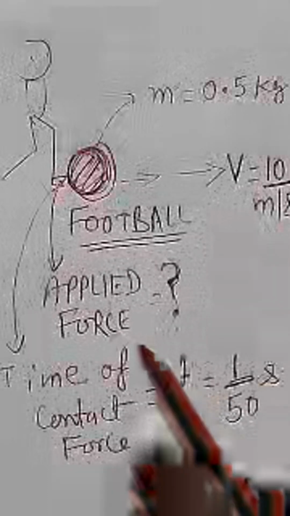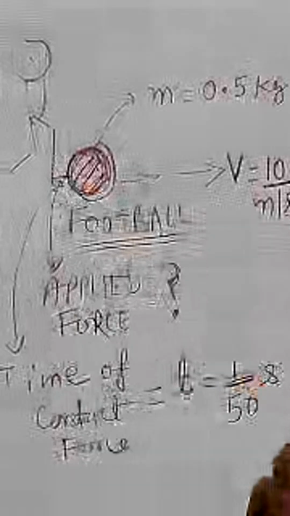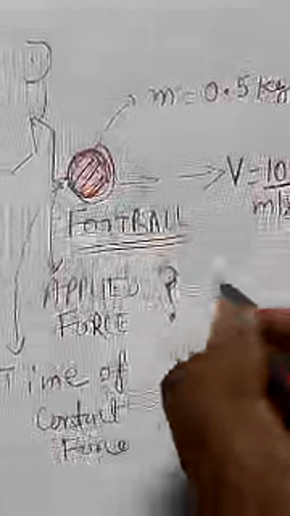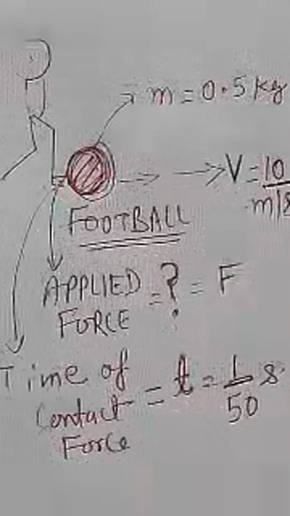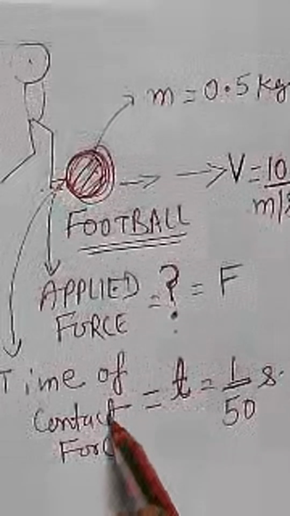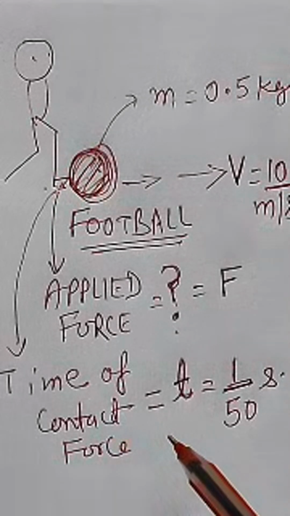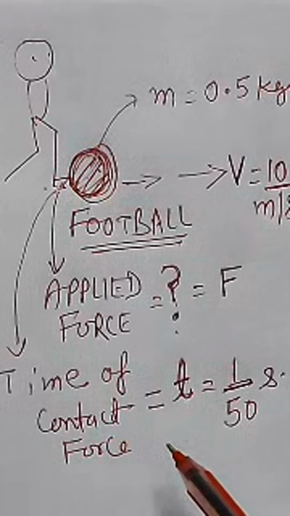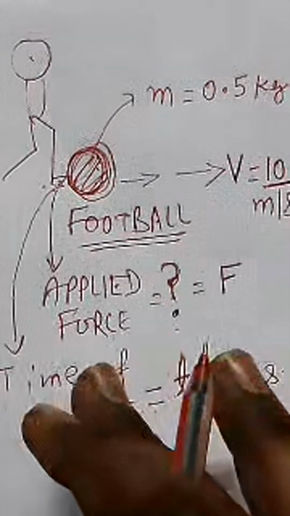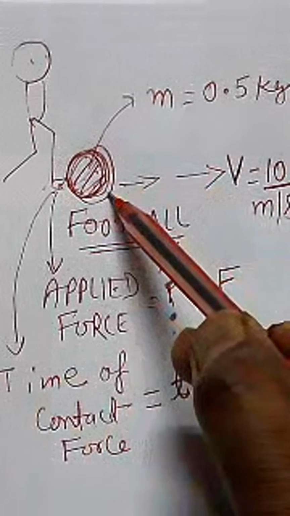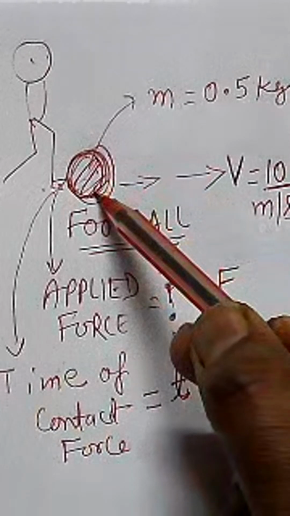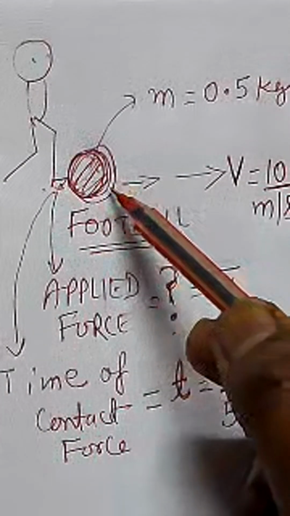Now we need to find the force applied. Let's say this is F, the applied force, right? Now, what we will do? You know Newton's second law, the rate of change of momentum is force. Hope you've seen a game where a football player hits a ball, let's say a penalty kick.